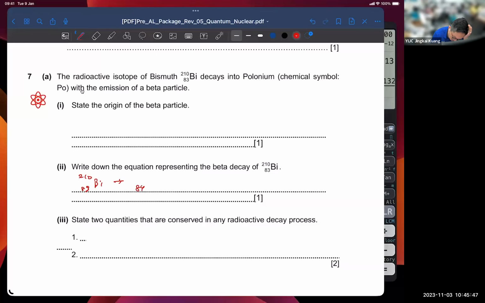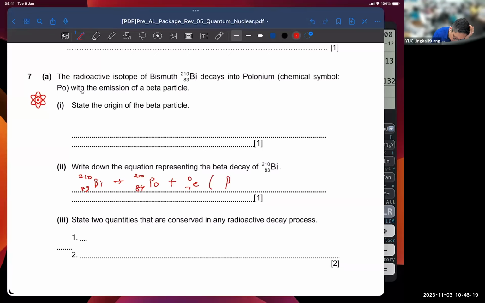But because a neutron is converted into a proton, the total number of nucleons stays the same. So this is polonium, plus beta. You can write it as an electron like that, or you can write it as beta. Both are fine. So this one can be represented as beta as well.